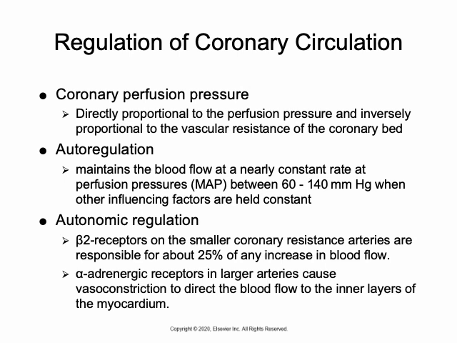Coronary blood flow is directly proportional to the perfusion pressure and inversely proportional to vascular resistance of the coronary bed. And the perfusion pressure is the difference between the pressure in the aorta and the pressure in the coronary vessels. So therefore, when we talk about aortic pressure, this is the driving pressure for arteries and arterioles that perfuse our myocardium.